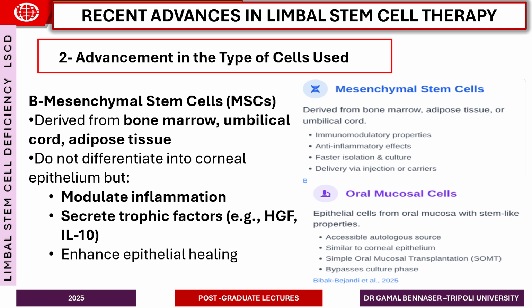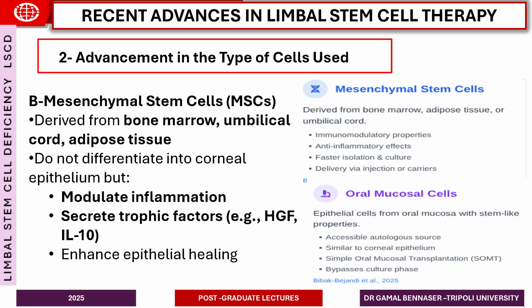These mesenchymal stem cells secrete a lot of growth factors and trophic hormones, which will dampen the immunological response and help to control the inflammation, especially in the ocular surface. So it is an adjuvant therapy for limbal stem cell therapy to enhance epithelial healing. This is known as mesenchymal stem cells.